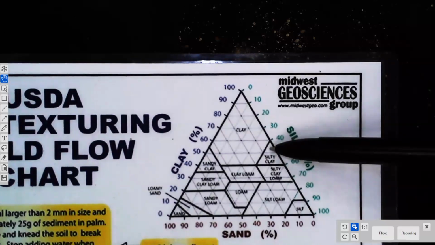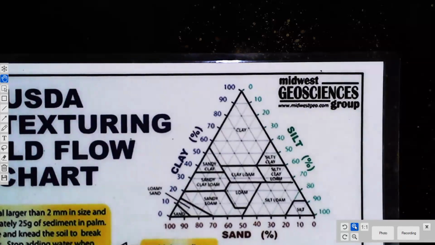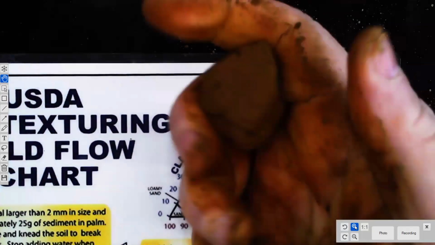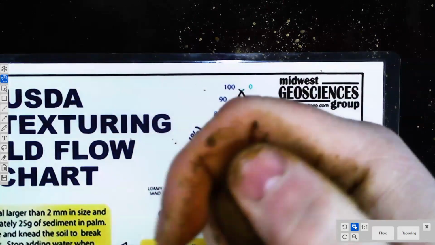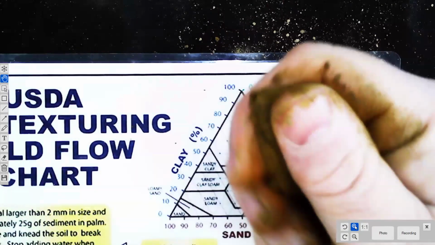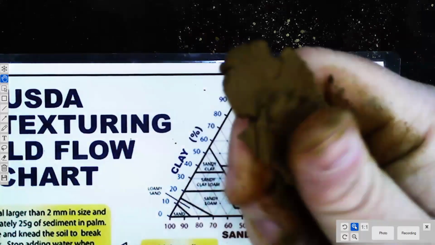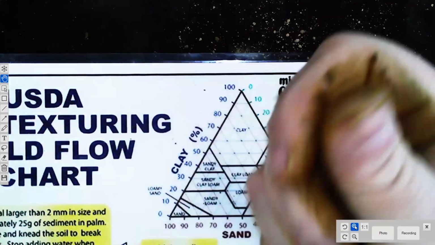So close to clay, but like I said, I just don't feel it's stiff enough that I would call it clay. Even though it's somewhat borderline, it's getting close to clay, but it's just a little bit too pliable for me to quite call it clay yet.